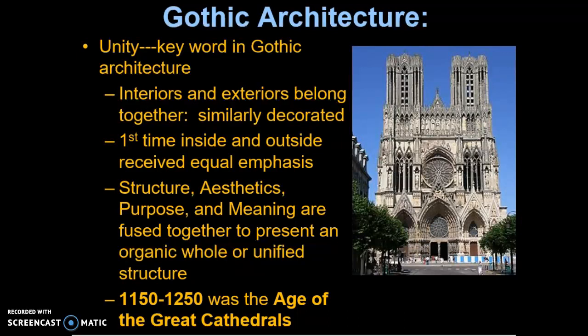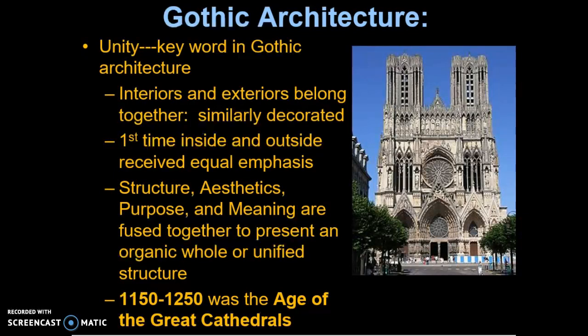One of the key components that I really want you to think about when we're looking at some of these cathedrals, the key to Gothic architecture is unity. They are really trying to unify both the exterior and the interior in terms of the adornment with sculpture, with everything just lavishly and richly decorated, very ornate.